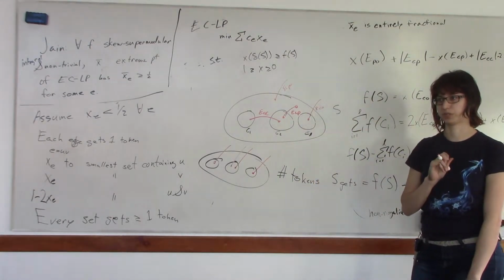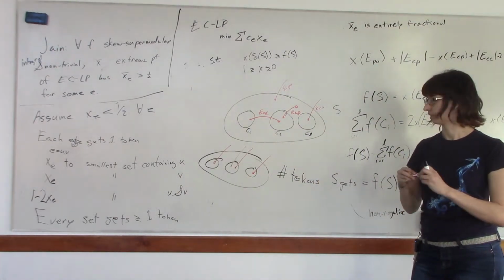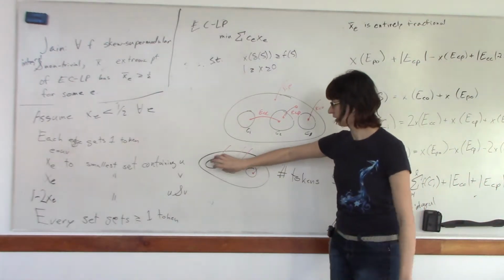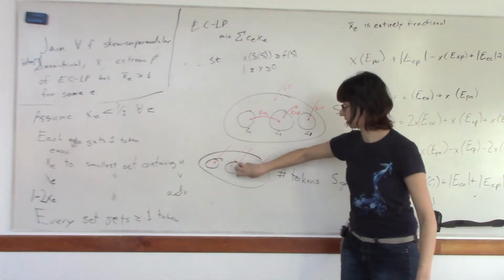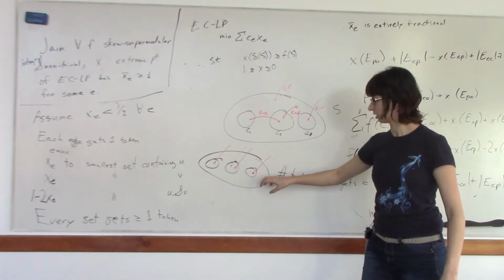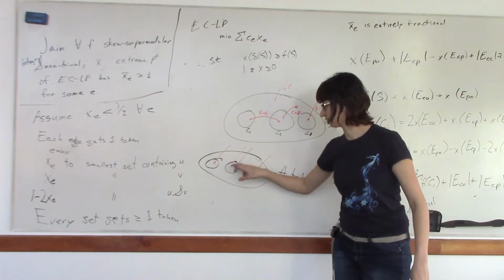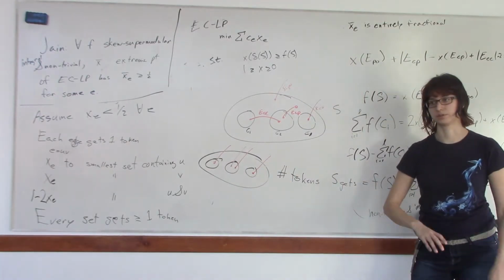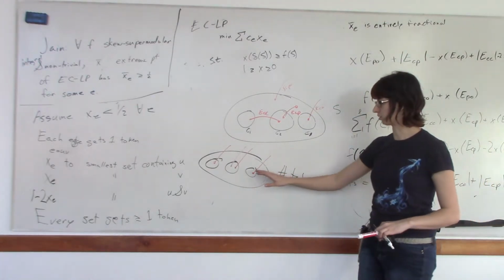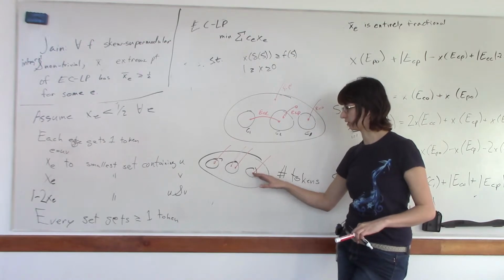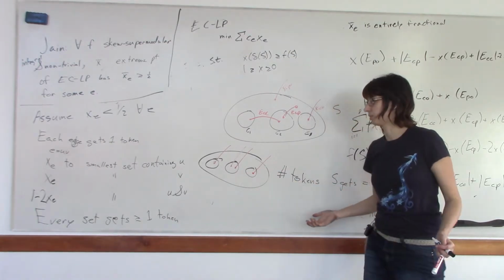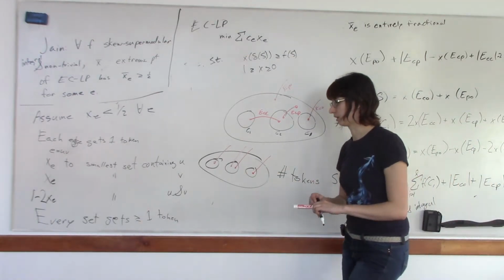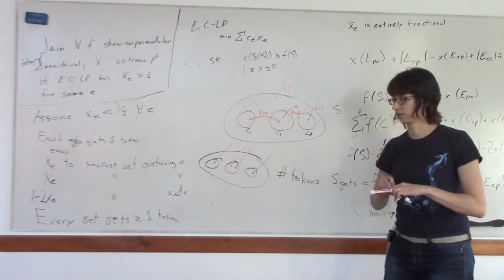And why is this problematic? It's linearly dependent. So the sum of these constraints is going to count each of these edges once, and this whole constraint is going to count all the edges once. And so these constraints are linearly dependent, but we assumed we were working with a linearly independent set.